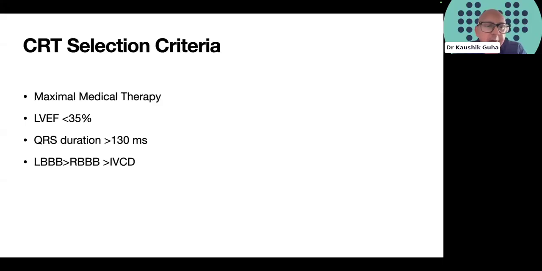Then there is this third class, termed interventricular conduction defect or conduction delay, who don't fit into the left or right bundle categories. In terms of evidence and treatment effect, the group who have left bundle branch block do the best with CRT systems.